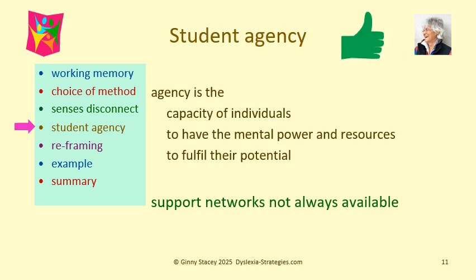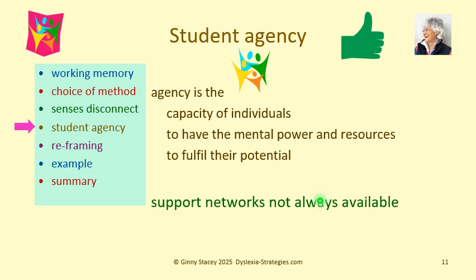So now I want to look at student agency. I think student agency is really, really important. Agency is the capacity of individuals to have mental power and mental resources to fulfill their potential. And of course, we want all students, learners, people to have that agency.